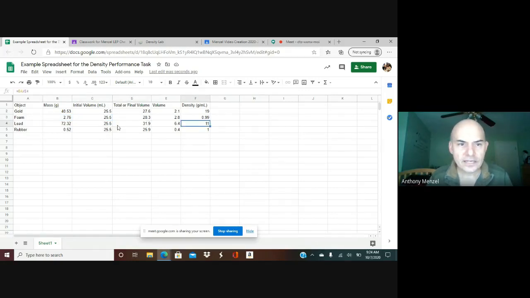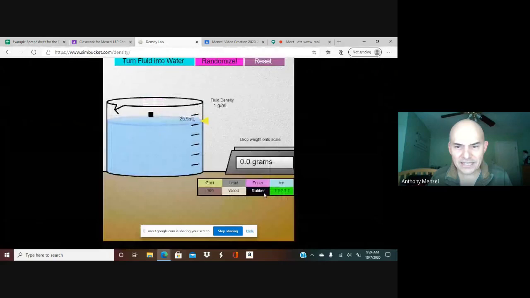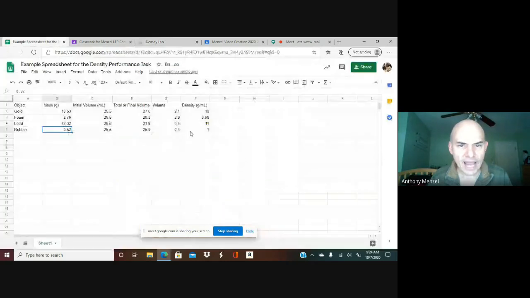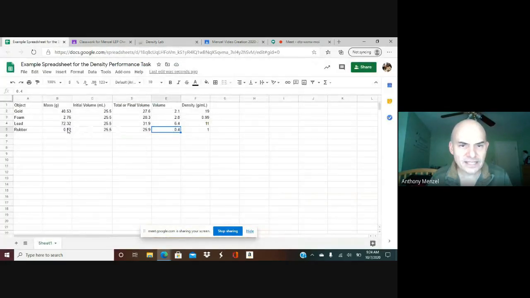Okay, for lead, here we have 4 significant digits, 3, 3, 2. And so having 2 is good. Here we have 2, and really we only need to look at the mass and the volume. The rubber, again, the rubber sank. So to take that into consideration, even though having 1 significant digit, if we look at our mass and our volume, we really don't even have to look at the numbers for the initial volume and the final volume, because what we're using for our calculation is the mass and the volume.